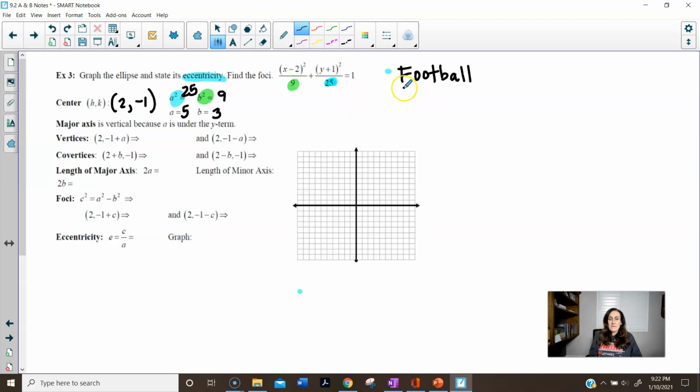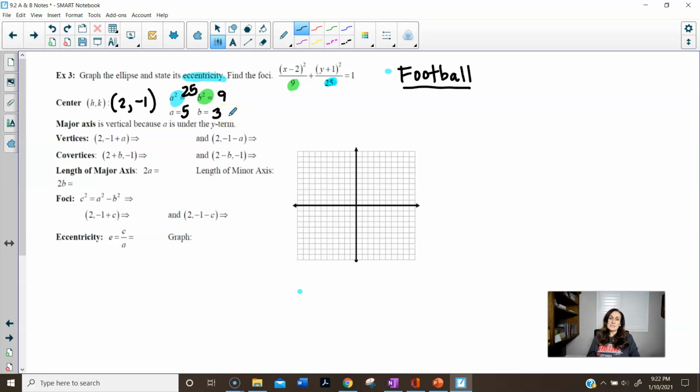Now we know it's a football, and the reason why it's a football is because the 25 is the bigger number, which means the stretch is along the y axis, which creates a football. If a squared is 25, then a is 5. If b squared is 9, then b, when you square root 9, is going to be 3.